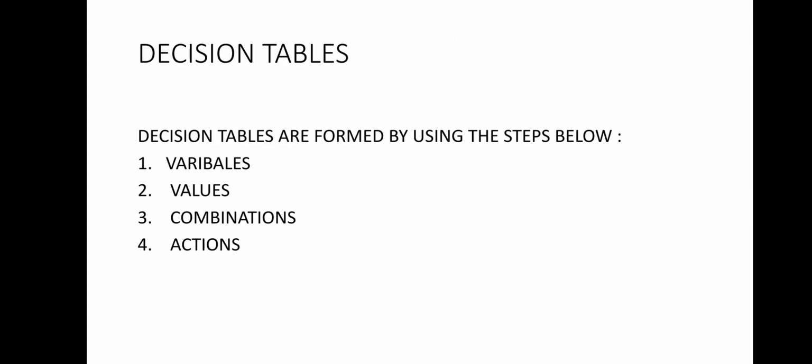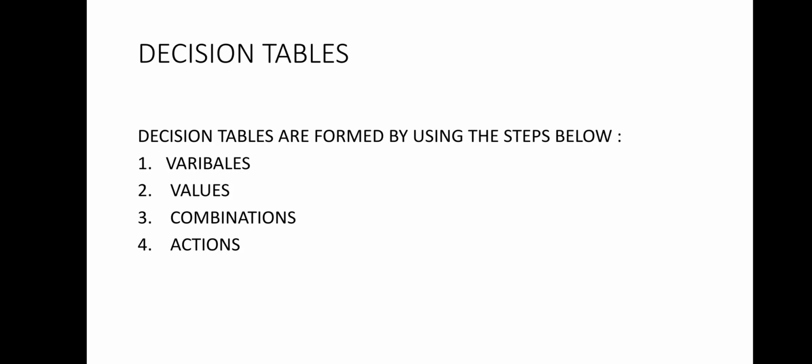Next technique we can take is decision tables. As we know, the use of conditions is reflected in decision tables in testing. So what are decision tables going to give us? What is the beauty of this?